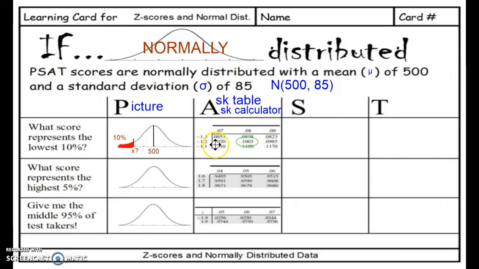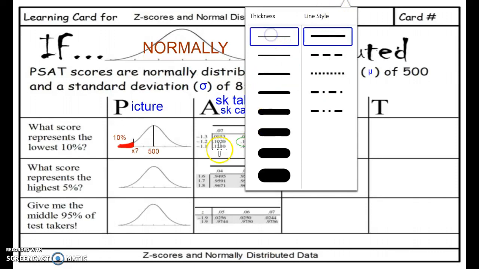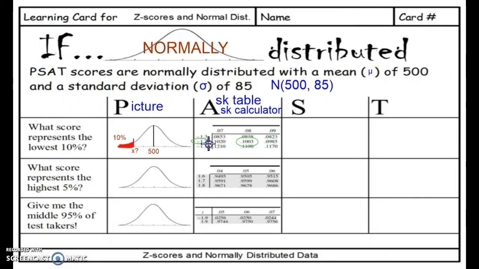So it would be negative 1.28. Let's circle some of these: negative 1.2 and 0.08. That is the z-score that cuts off the bottom 10%, or the z-score that is closest to that.